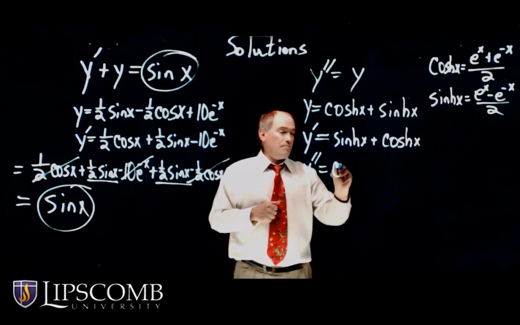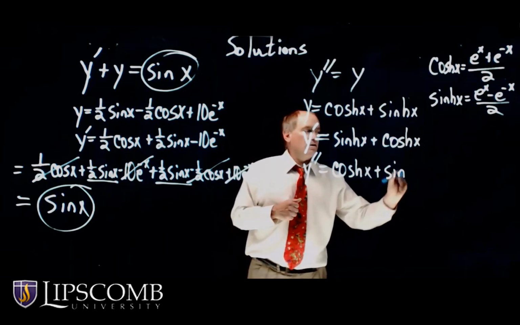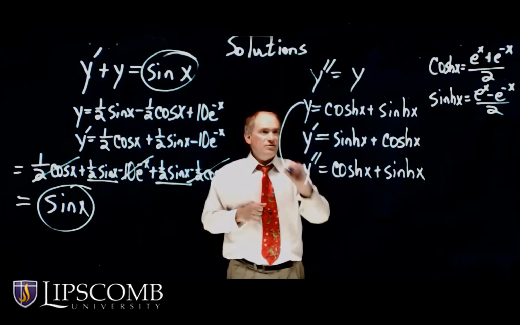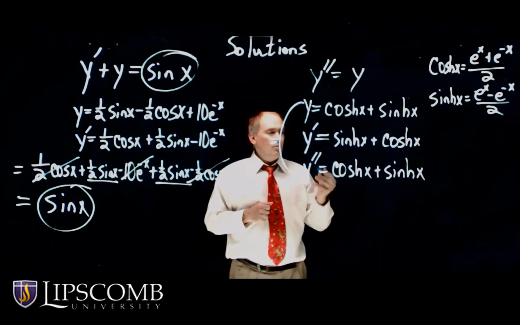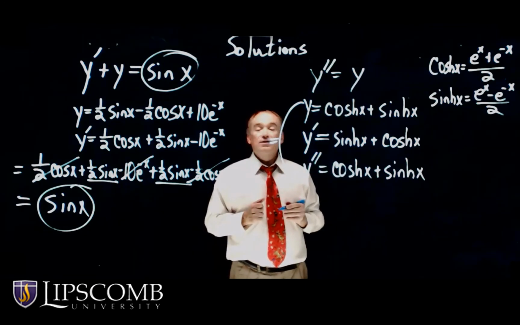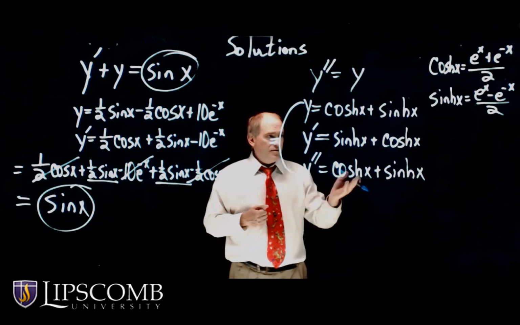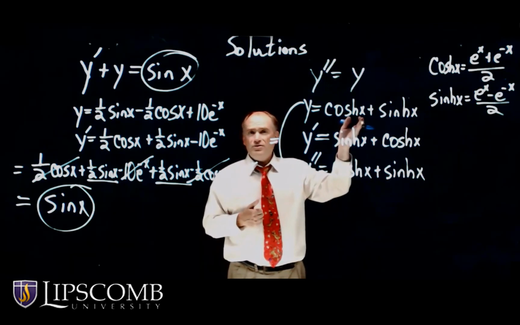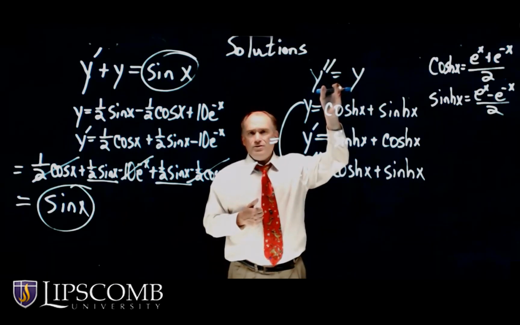It's going to be the hyperbolic cosine of x plus the hyperbolic sine of x. Well, look at these two. They're equal. So this satisfies the differential equation. Therefore, this y equals hyperbolic cosine of x plus hyperbolic sine of x is a solution to this differential equation.